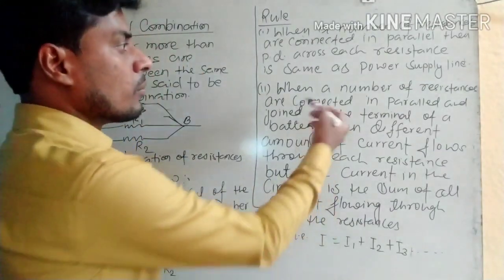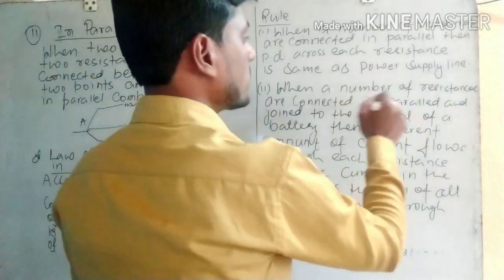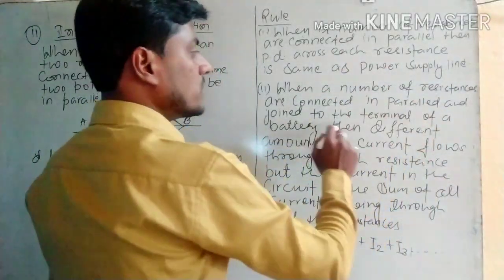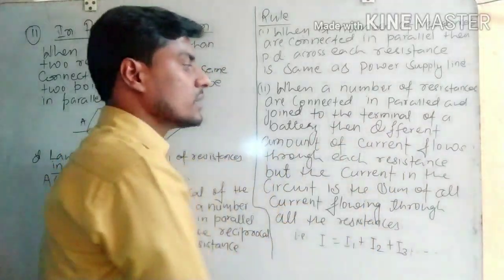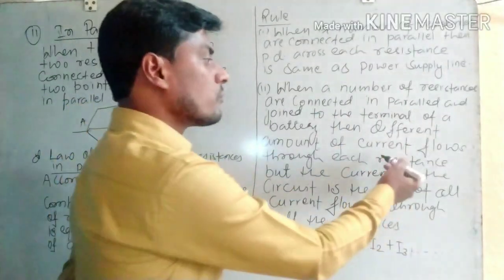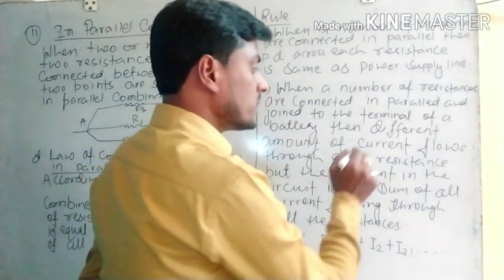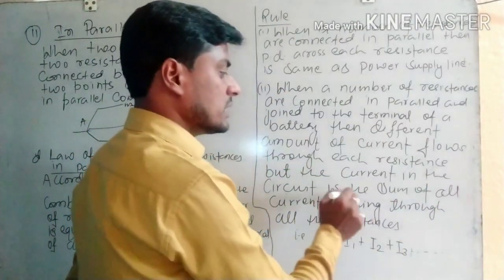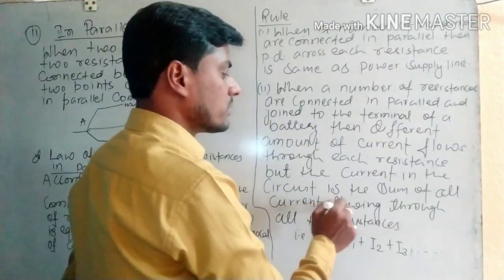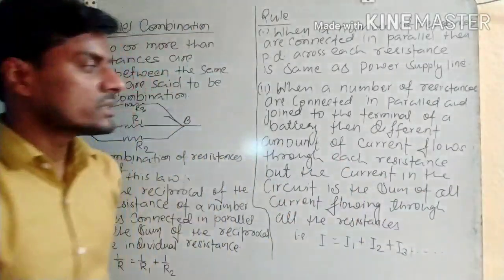Second, when a number of resistances are connected in parallel and joined to the terminals of a battery, different amounts of current flow through each resistance, but the current in the circuit is the sum of all the currents flowing through all the resistances.